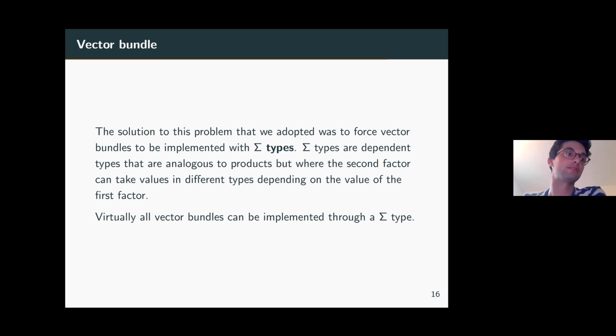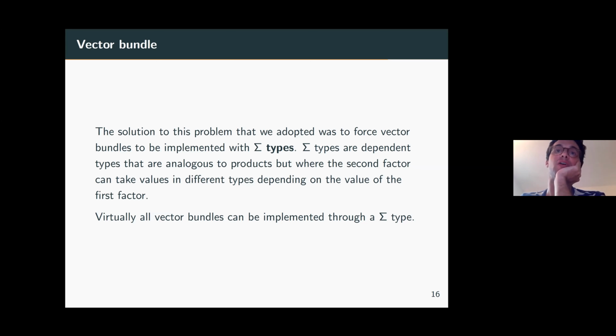So the point was that not all vector bundles must be implemented this way, but basically all vector bundles can be implemented this way, and most vector bundles would probably have been implemented this way.